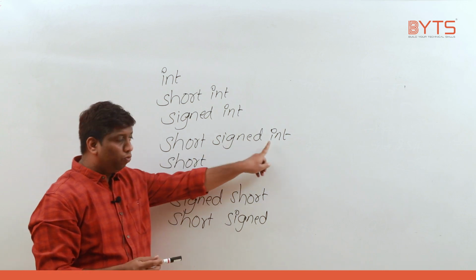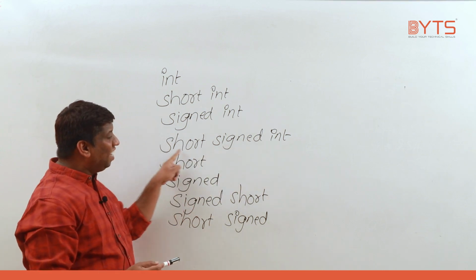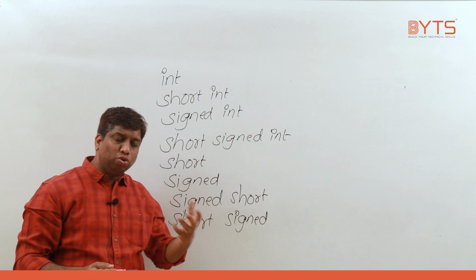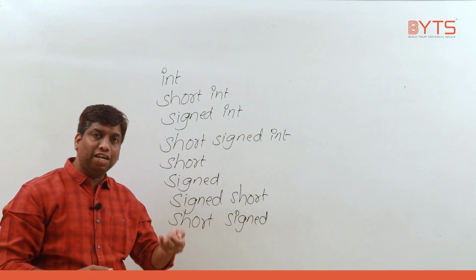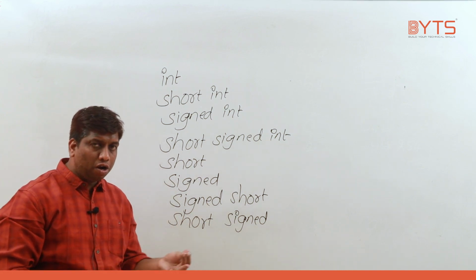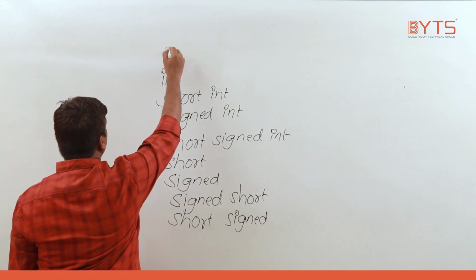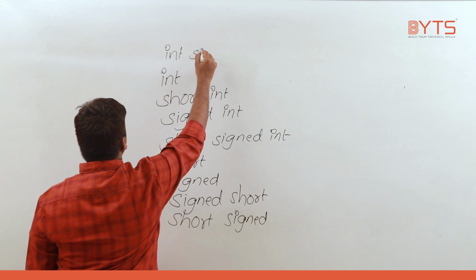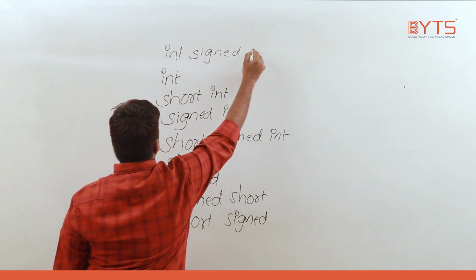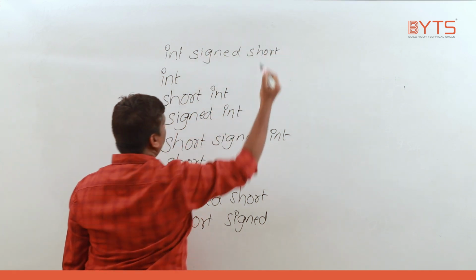In these three keywords, if you are writing any one keyword, the remaining two things are automatically taken care of by the compiler, and order is also not important. What is the meaning of order not important? If I write int signed short, the meaning is the same.